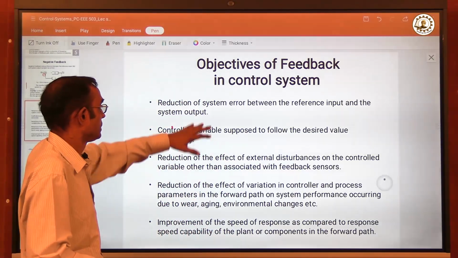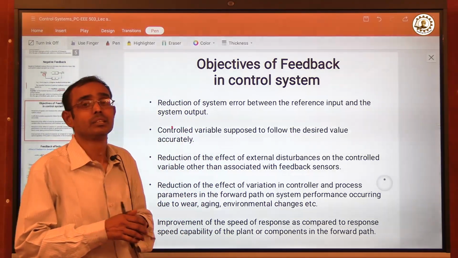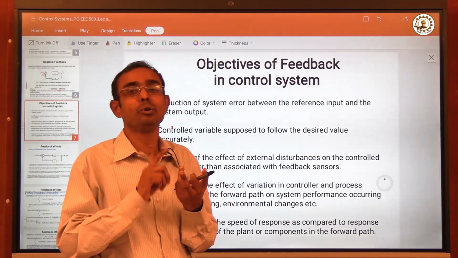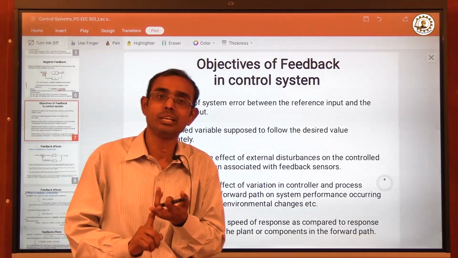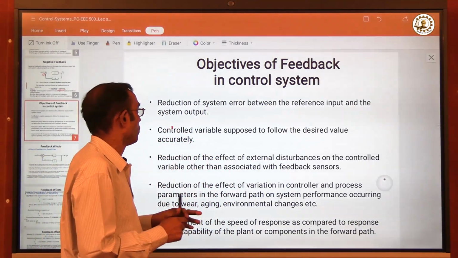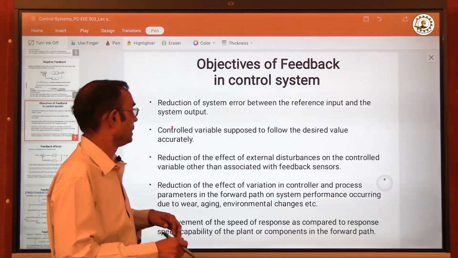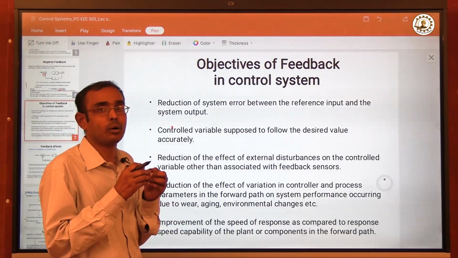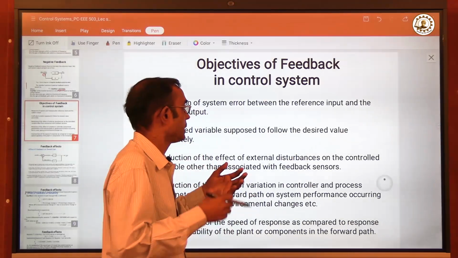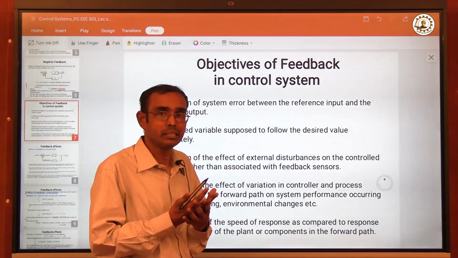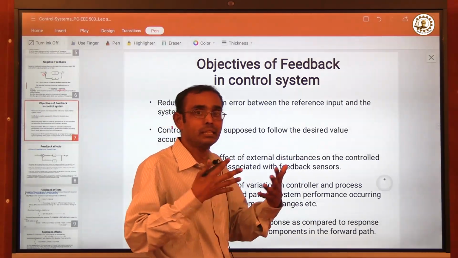That means system error is the main thing of computation to understand the working of any control system. So therefore, reduction of system error is of utmost importance. How it can be found, I have already mentioned: it can be found by the comparison of two signals in the error detector.